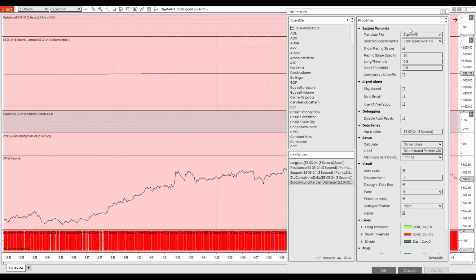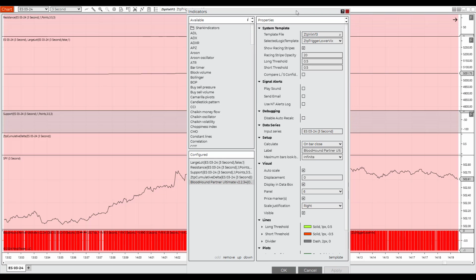So I am going to make a specific video about this. I have notified Bloodhound about it. Bloodhound has said it is not necessarily a Bloodhound issue. It could also be a NinjaTrader issue. But it is definitely something that I have observed, and I want to make the people using Bloodhound aware of this.